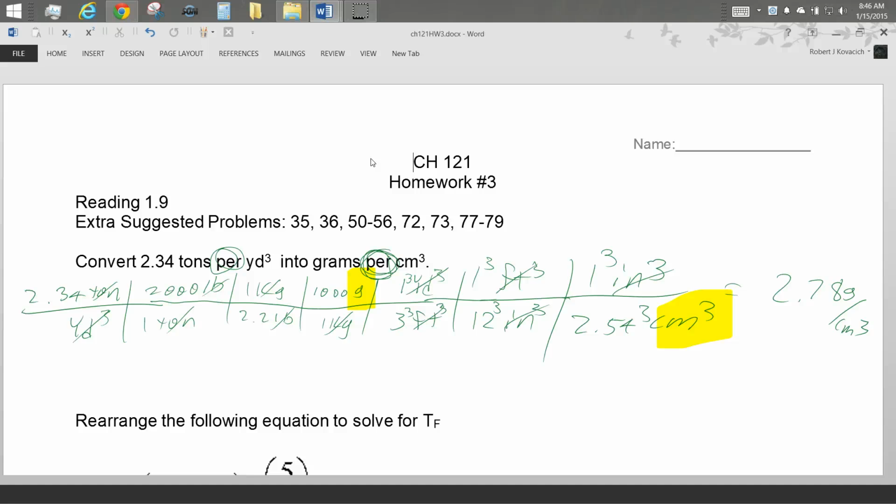So if in the calculator I wanted it to look exactly like it looks here, I could type this in, then type divide, then a parentheses, and then type 2.21 times 3 cubed times 12 cubed times 2.54 cubed, close the parentheses.